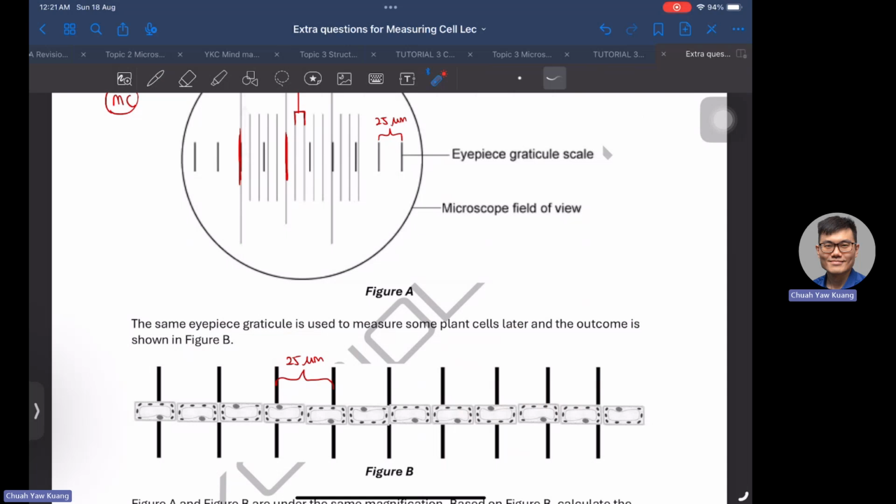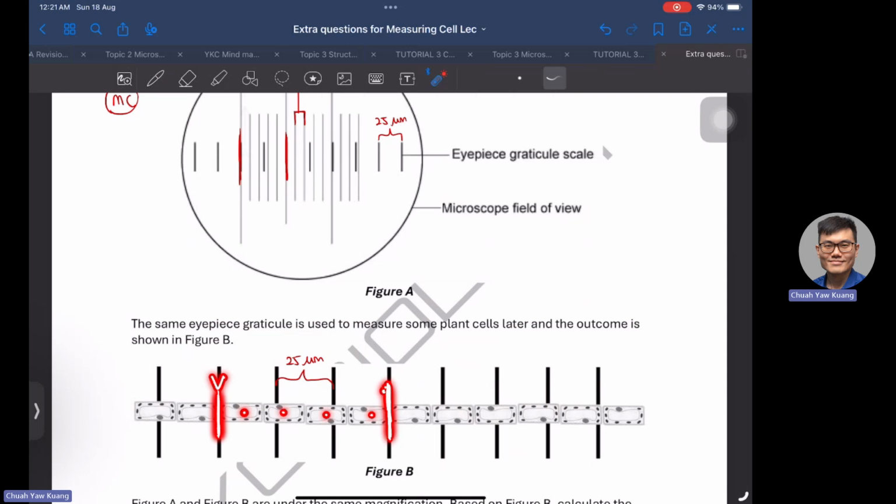From here we can see that obviously this cell cannot, because it is not aligning perfectly on the line. This one also cannot. But this one is aligning perfectly, so this is your starting point. So 1 cell, 2 cell, 3 cell, 4 cell, and at cell number 4, it aligns again perfectly with another scale line of this eyepiece reticule.